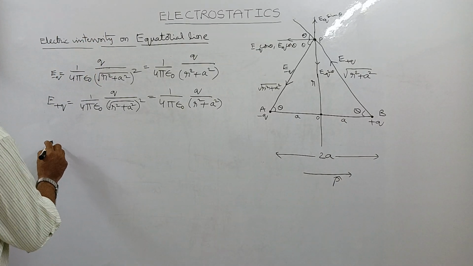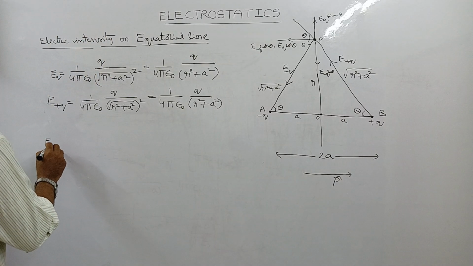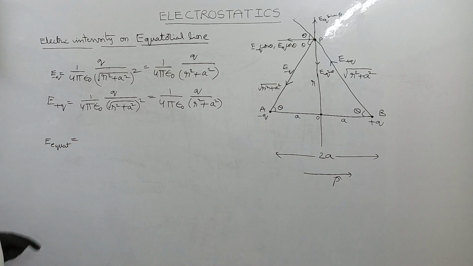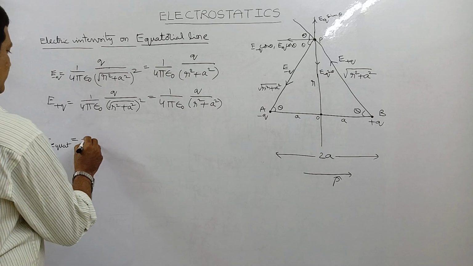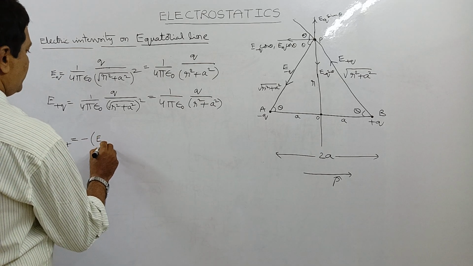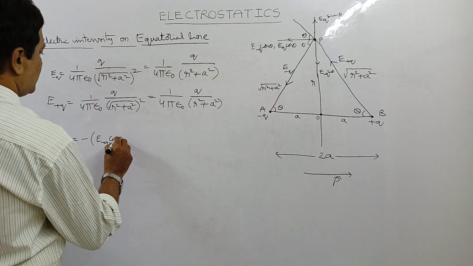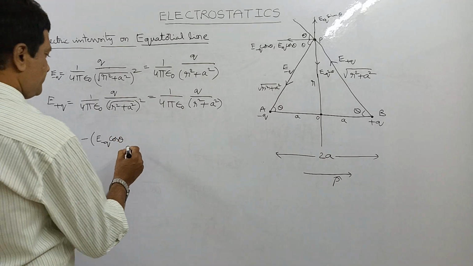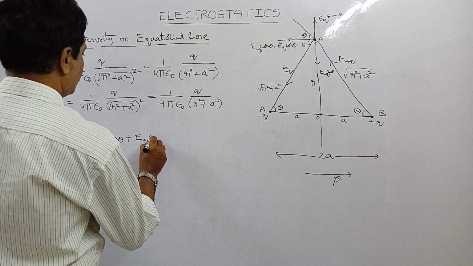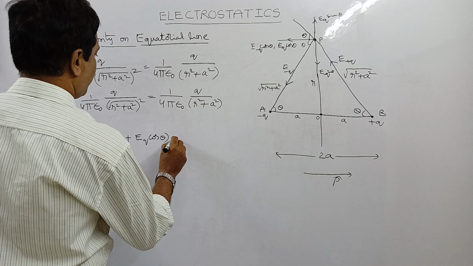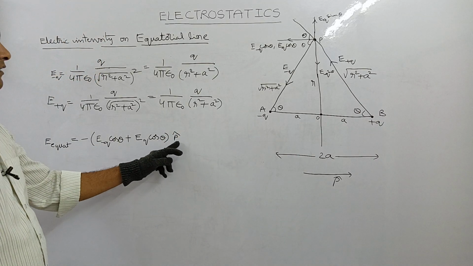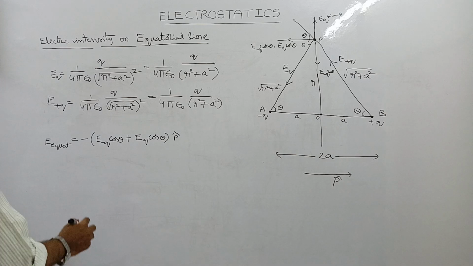So here we can write E equatorial is equal to minus of E minus Q cos theta plus E plus Q cos theta P cap. This is a unit vector of dipole moment, okay.